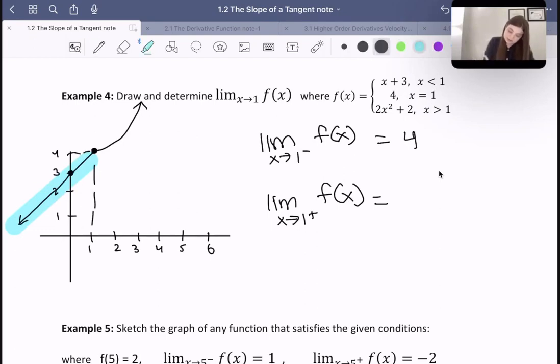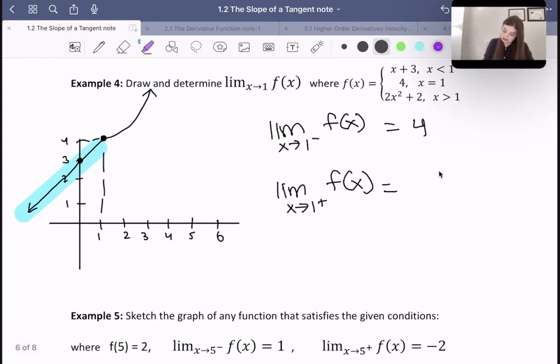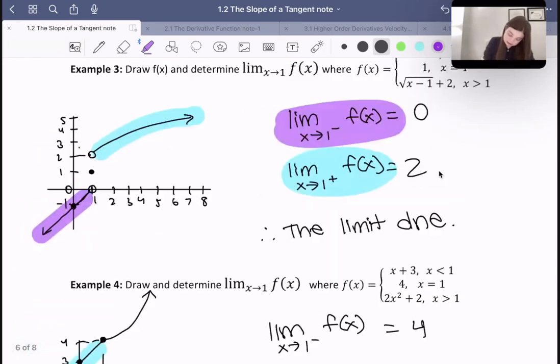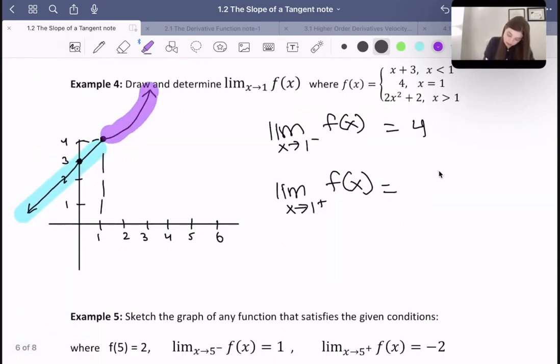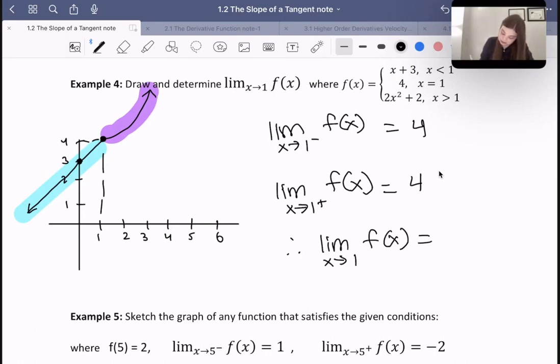The limit as x approaches 1 from the right is also 4. So therefore, the limit exists. And in this case, it said determine the limit, so we actually would have to say what the answer is since it exists. The limit as x approaches 1 of f of x is 4. Awesome.